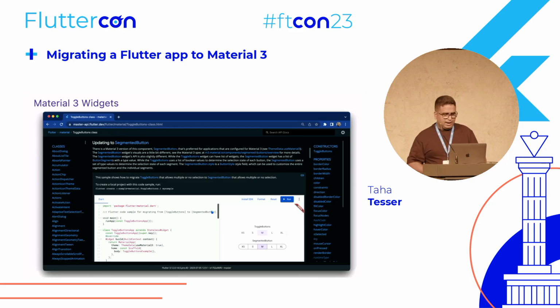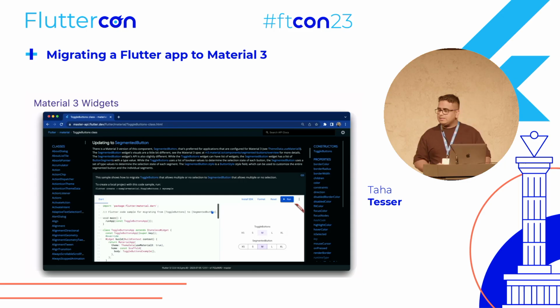In this case, I added this documentation. I added this example where a toggle button widget can be switched to the Material 3 version of that widget, which is segmented button. You can still use the same widget, but in this example, I have shown how you can use both widgets. You can use the same code. You don't have to do a lot of refactoring.